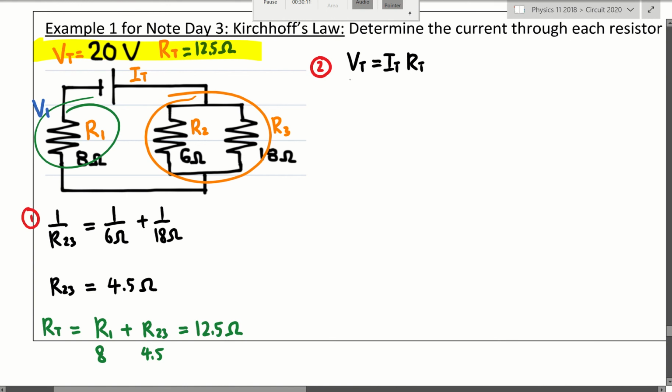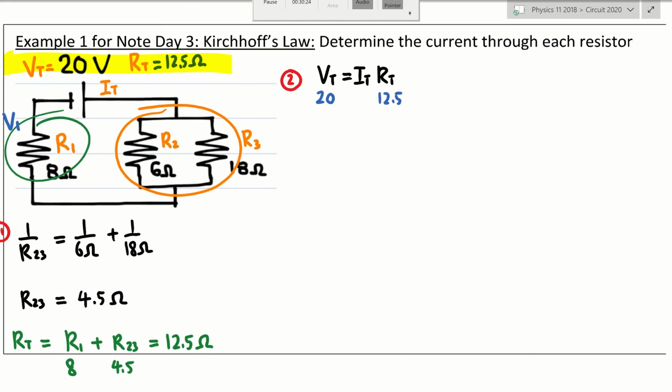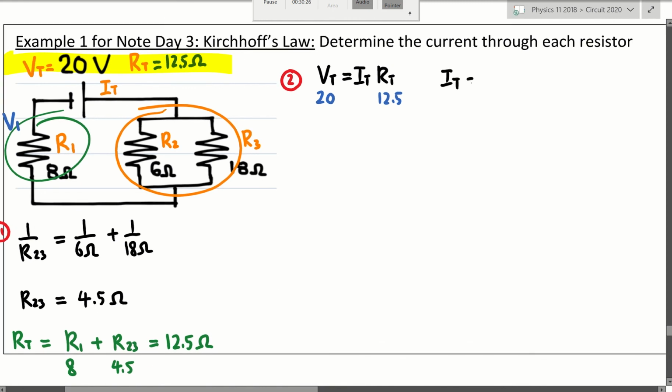The voltage drop is, well, voltage gain actually in this case, 20 volts, and the equivalent resistance is 12.5 ohm. So for I total, just divide them. I total is 1.6 amp.